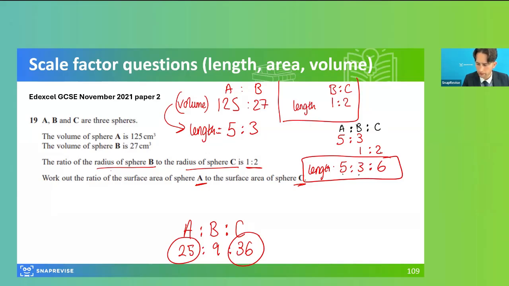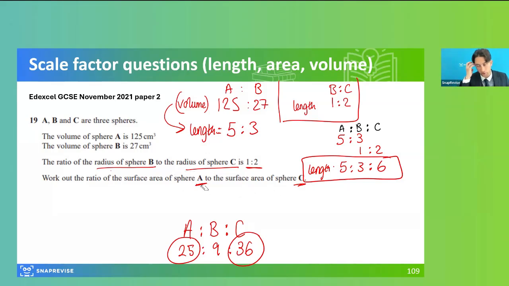So we do 5 to 3, and we just need to times this one by 3, 5 to 3 to 6. So this is what the lengths or the radiuses are doing. They're in that sort of ratio. And because it asks us the ratio of the surface area, that's an area, we square all those values. And it asks us for the ratio of A to C, so it'd be 25 to 36.